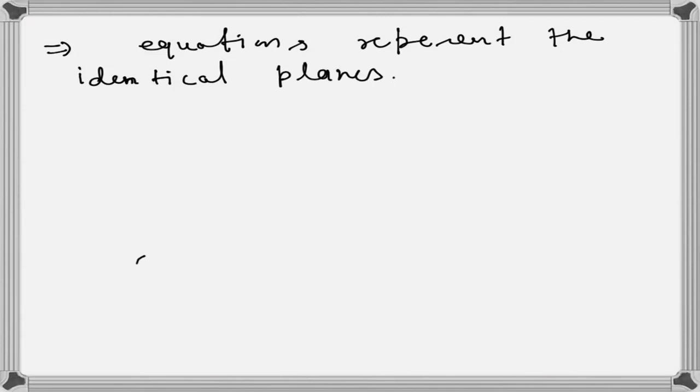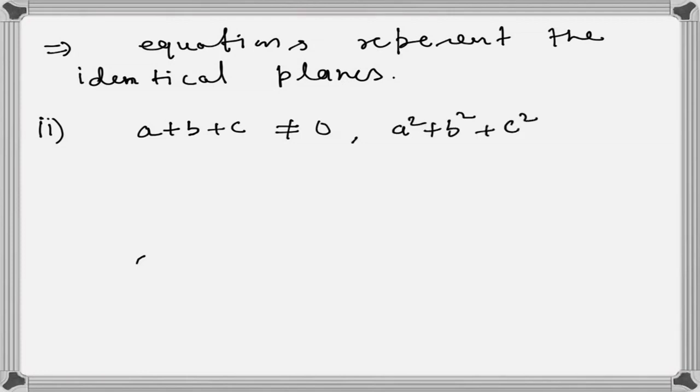Okay, so let's go to part 2. In the part 2 we have A plus B plus C not equals to 0 and A square plus B square plus C square not equals to AB plus BC plus CA.